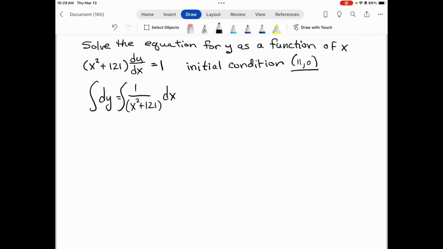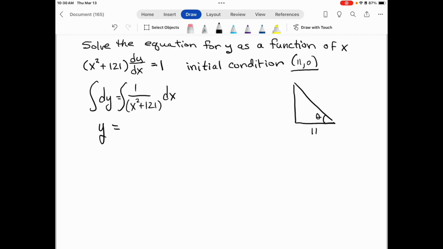So I have 1 dy, and when I integrate that, I get y is equal to, and then for this, we need to set up a right triangle and use trig substitution to evaluate that. So I'm going to set up my triangle here. Here's my angle.